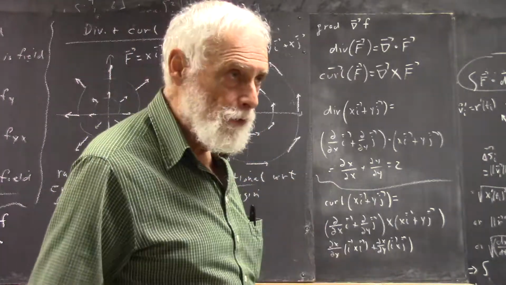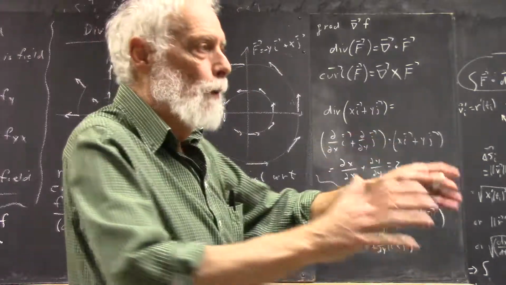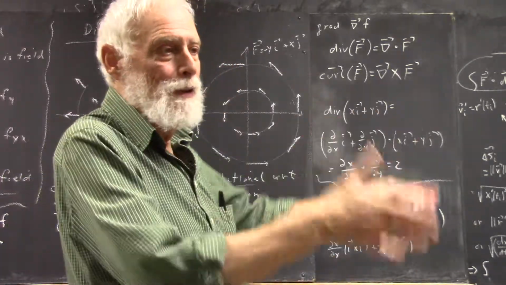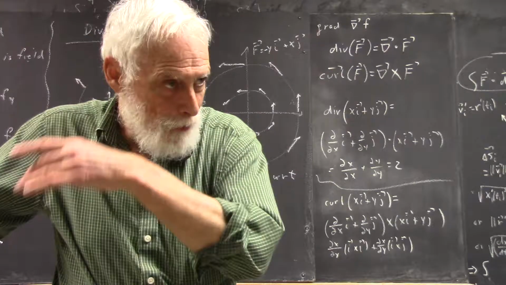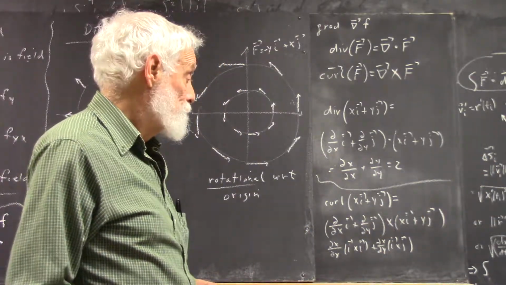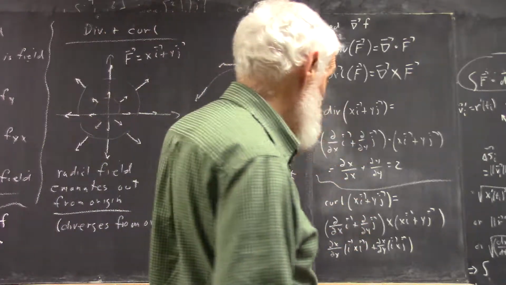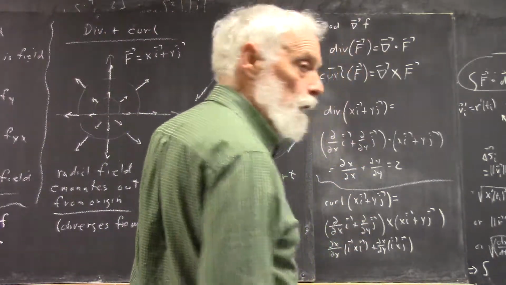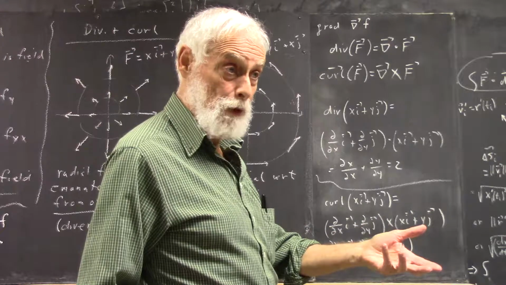You don't have to have a magical formula. You don't have to remember the formal definition, this minus this times i plus this partial minus this partial times j, and all that stuff. The general definition of the cross product that's usually given, right?